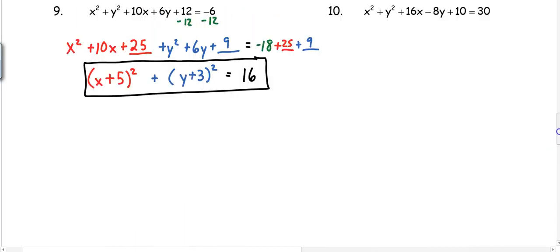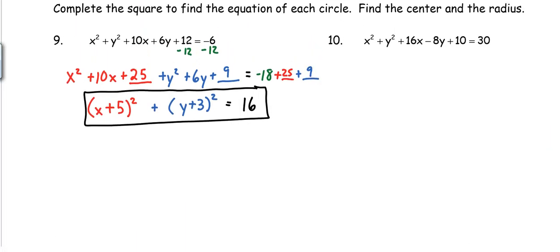So let's try one more example. So in number 10, I need to move the constant 10 to the other side and organize my x's and y's together. So I'm going to subtract 10 from both sides and organize my x and y's together.